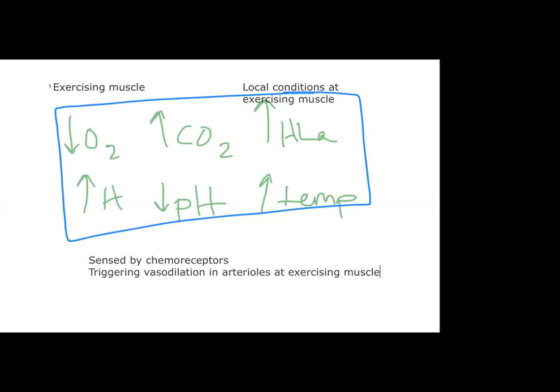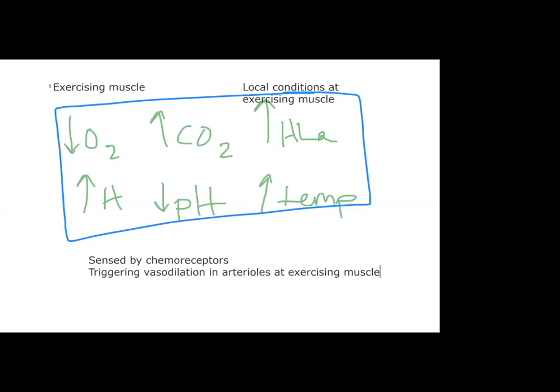Okay, so you start exercising, your body secretes epinephrine. Epinephrine is now in your blood and it's going all around your body, causing vasoconstriction everywhere. At the exercising muscle, these local conditions are occurring, which is going to be sensed by the chemoreceptors and trigger vasodilation, which means blood flow is going to be directed to the exercising muscle.